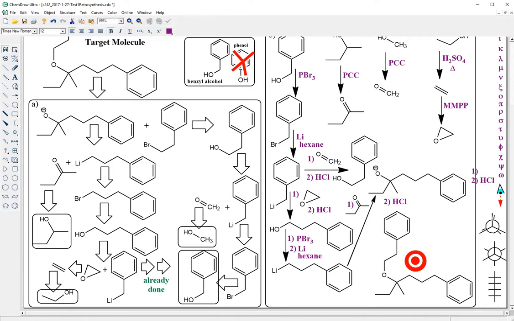Oh, there's no step 2. We want to keep the O-. Final question, how do we make this penultimate intermediate here into our target molecule? The answer is a Williamson ether synthesis.